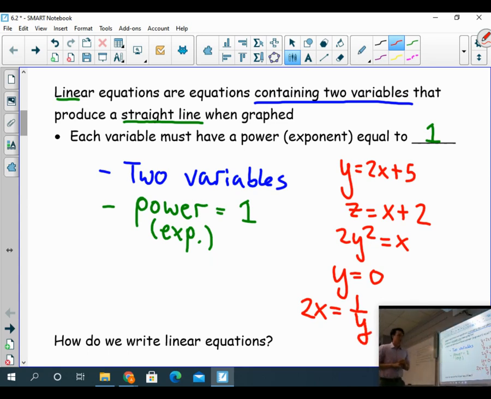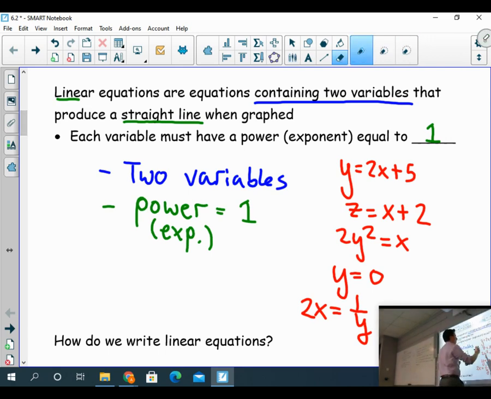Okay, so we're going to dive into which of the following are linear equations. Take a second and see if you can figure it out. For each one, one way of thinking about it is to imagine graphing it: would it produce a straight line?